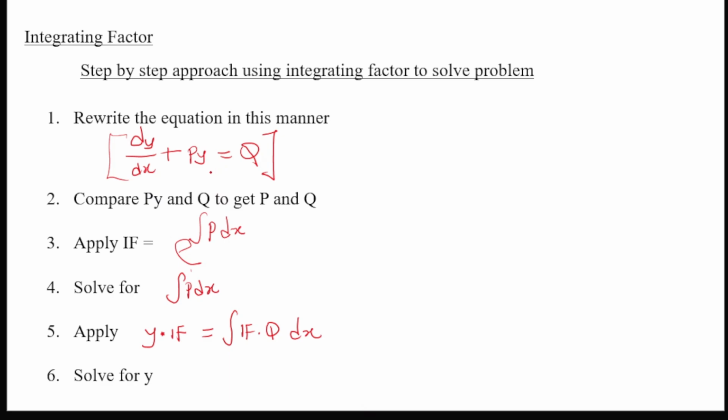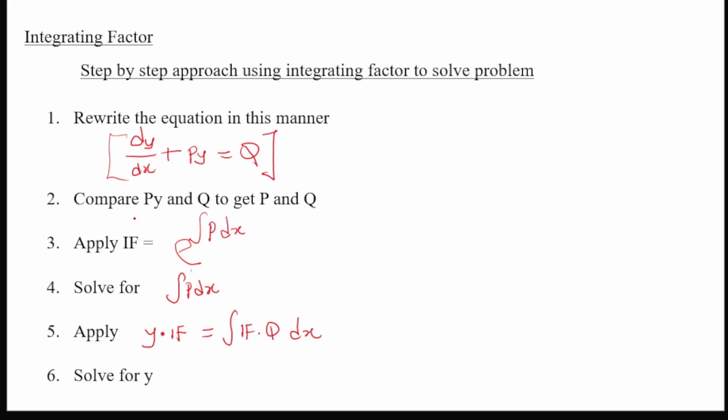If you are given any variable of interest, rewrite that equation to start with the derivative of the variable of interest with respect to the other variable, plus P of that variable equal to Q. Are we together? Now the next step is to compare the equation given to you with this equation to get your P and Q.